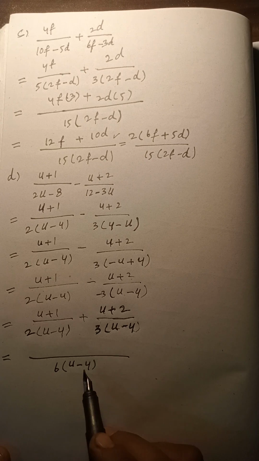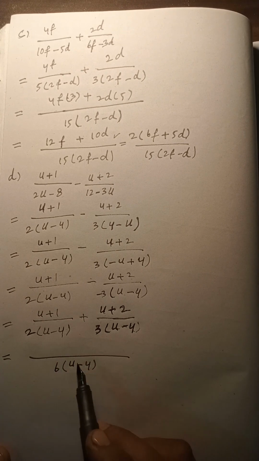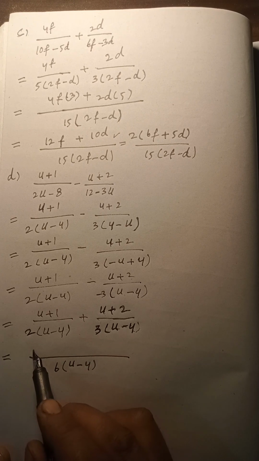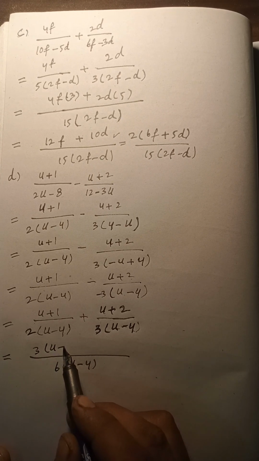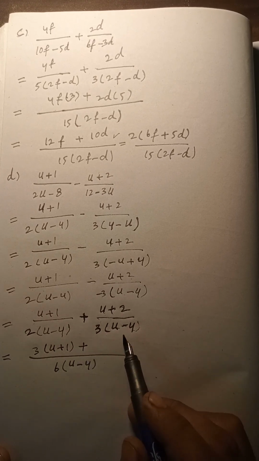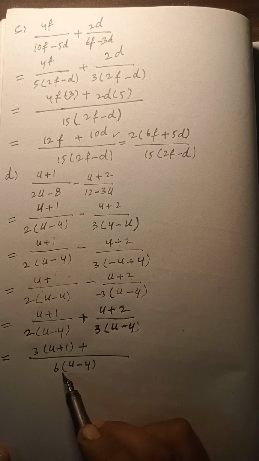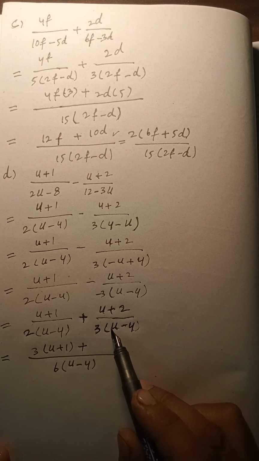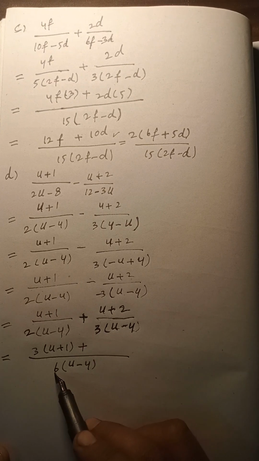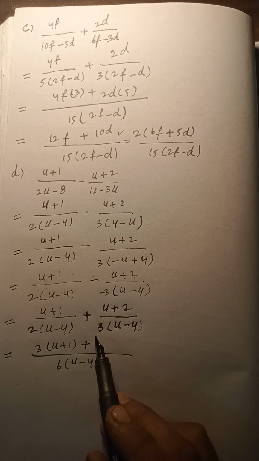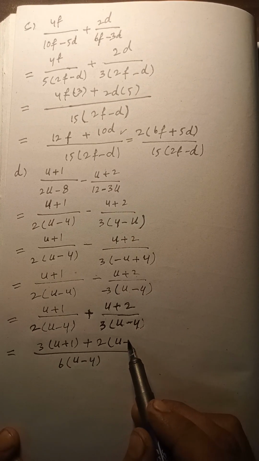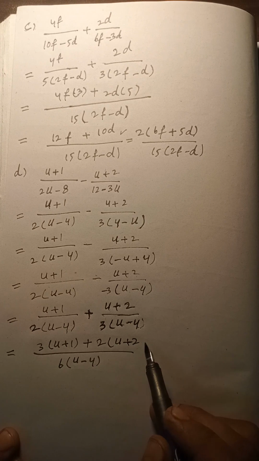Now divide this by this one. When you divide, u minus 4 can be cancelled out, and when 6 is divided by 2, the answer is 3, so write 3 here and (u+1), then this plus sign, and when this 6 into (u-4) is divided by this one, u minus 4 is cancelled, and 6 divided by 3, the answer is 2, so we will write here 2 into (u+2).